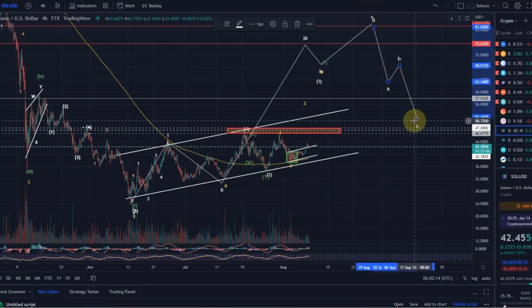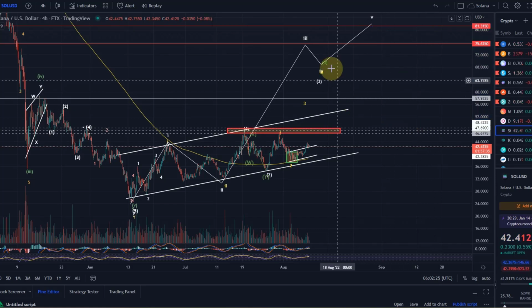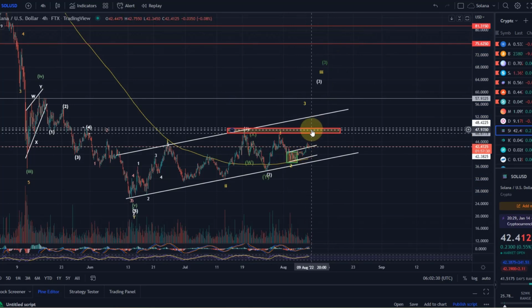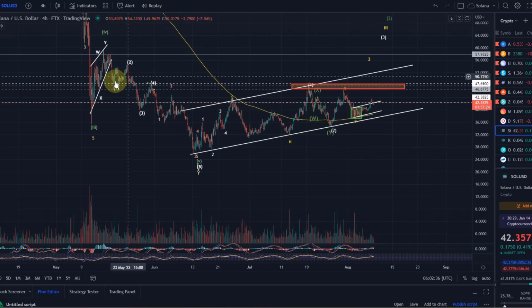When we then see the 3-wave move down, the ABC correction, this counts as a whole wave 1, again on a higher time frame, and this as a wave 2 of a higher degree. Then when that's complete, we can increase probabilities for the bullish scenario. However, if we get above this level, it will already show us a good indication that the overall bullish scenario is playing out.